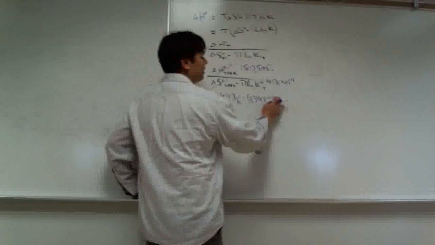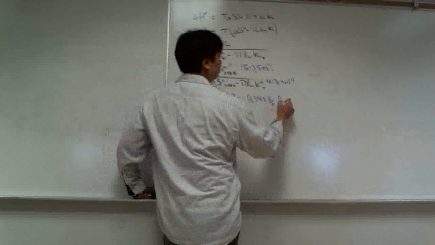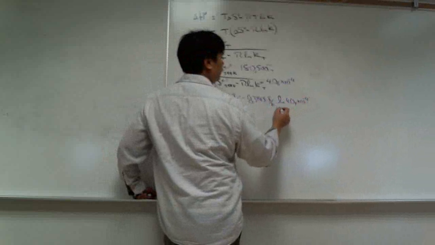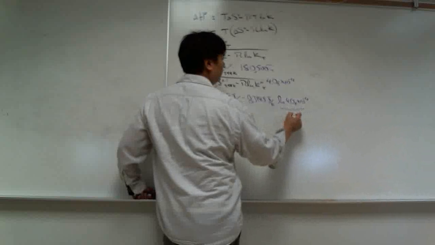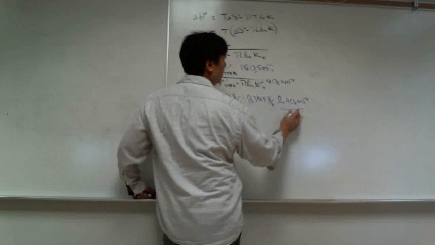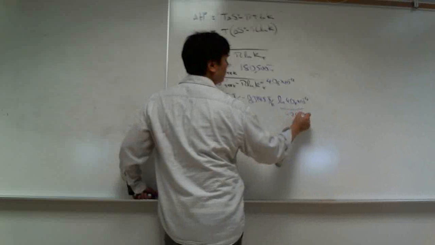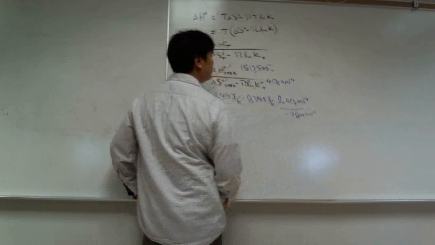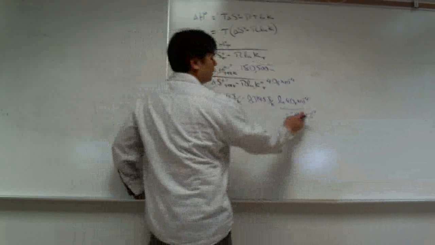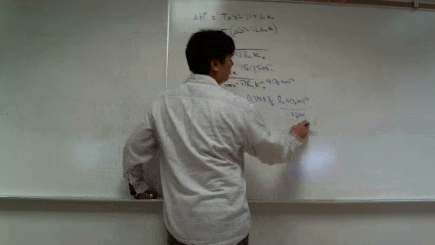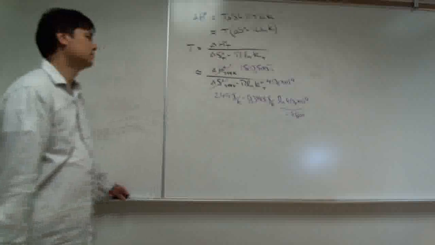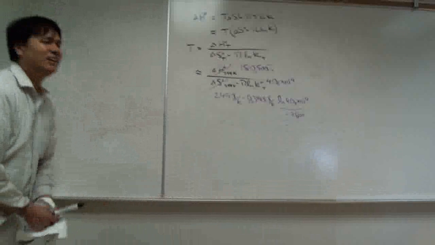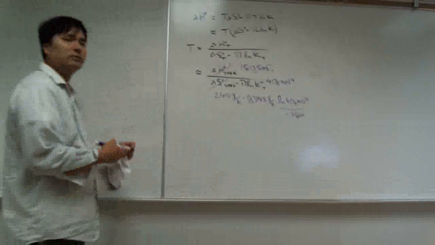I'll just leave it as ln of K. Negative 7.804. Wait, no. It says negative 7.8. Oh, that's right. It's a power function. Is that right? And so what does the temperature come out to?